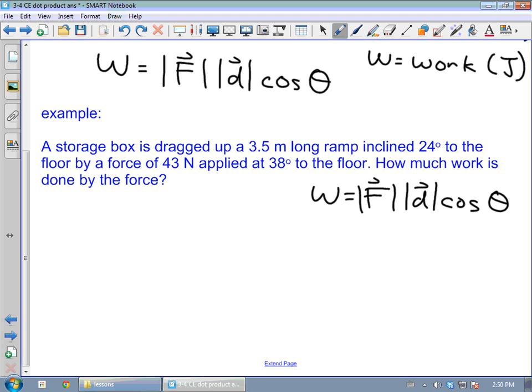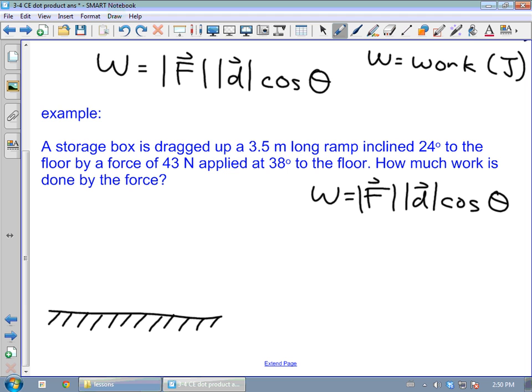So all we need to do is work out which of these angles we need to put into this formula. And the way to figure this out, I think, is to draw yourself a diagram. So I'm going to start by putting in the floor here. Okay.